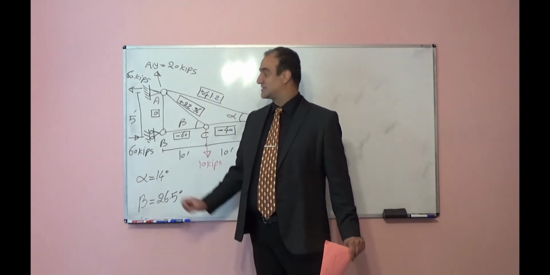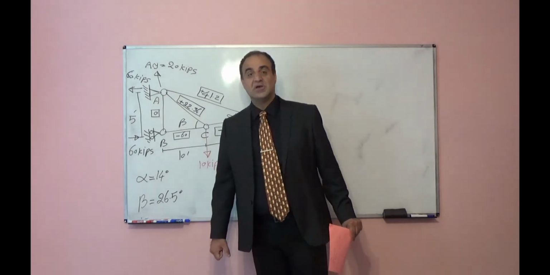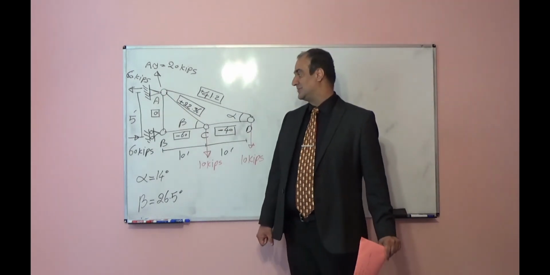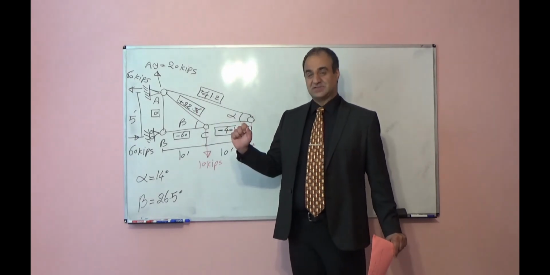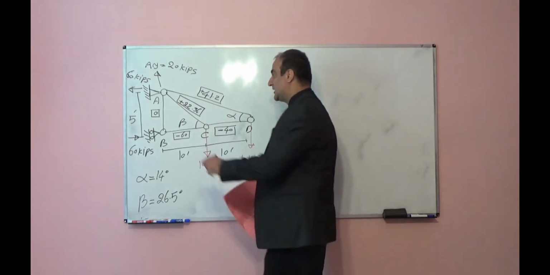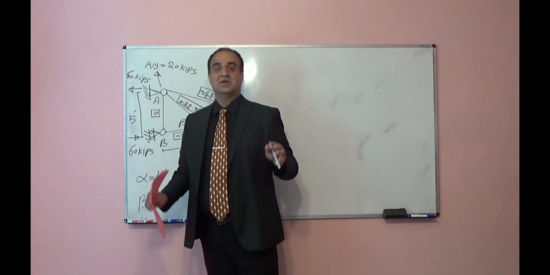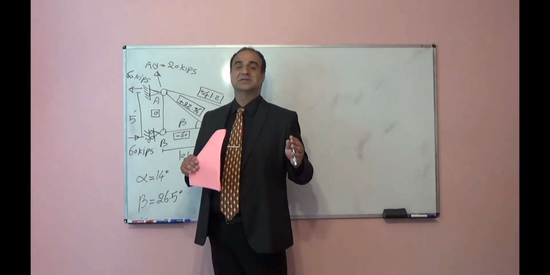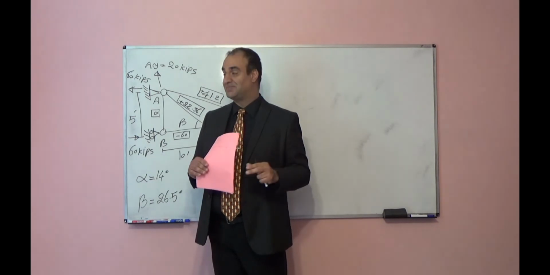Now you can ask, if there is no force, if there is no contribution, why we are adding that member? Those members we need, we cannot remove that. First, if we remove it, we will lose the triangle shape of the structure. Triangle shape will give our structure stability. In that case, our structure will be unstable.